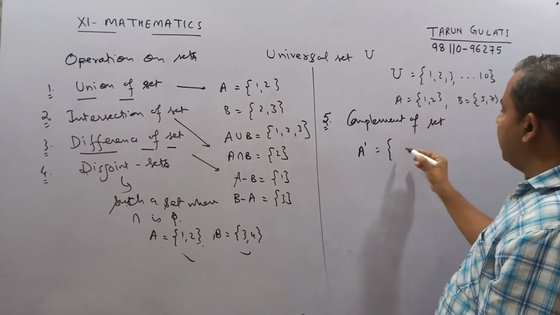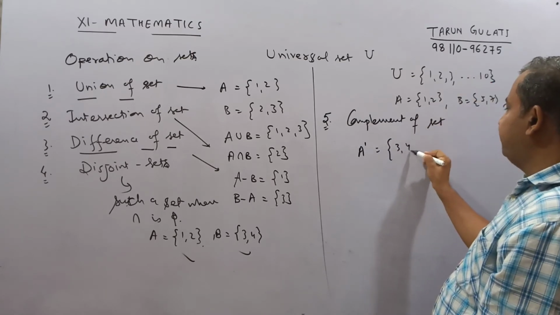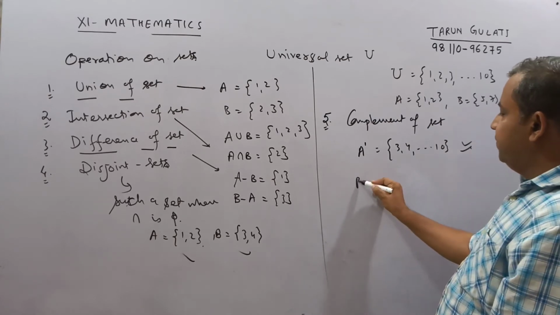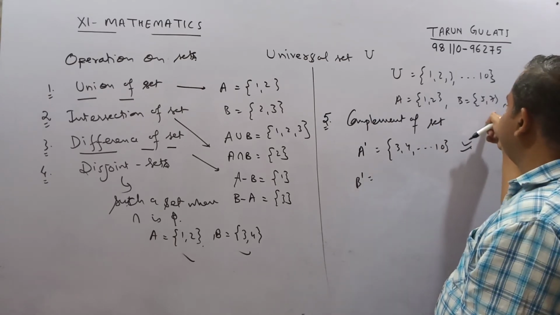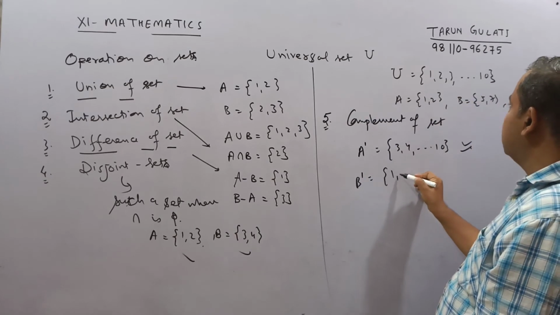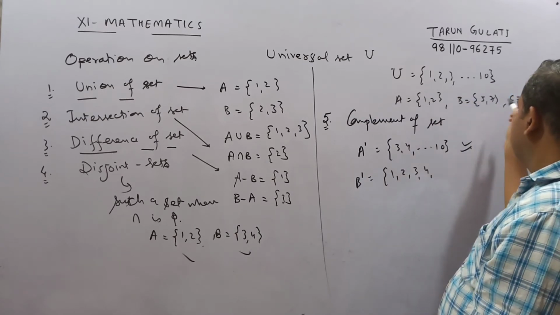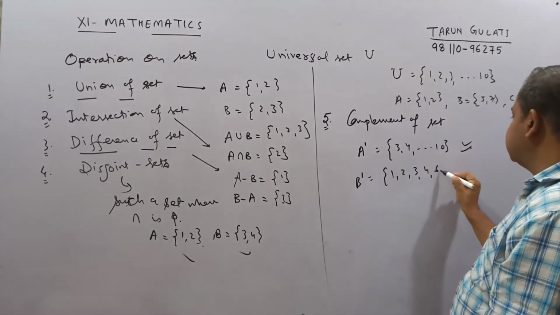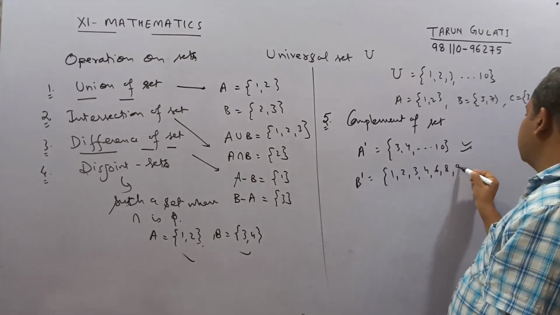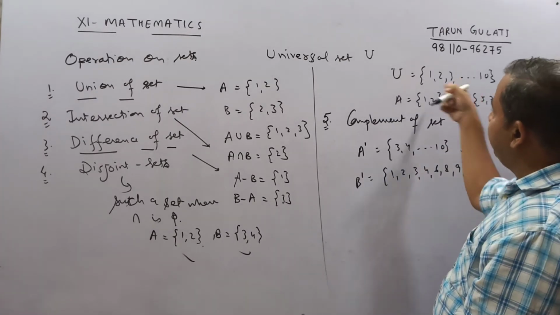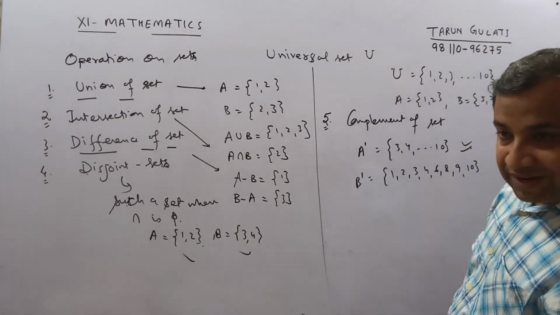The other elements in the universal set, 3, 4 and so on till 10, are its complement. B complement, where B is 5 and 7, comes out to be 1, 2, 3, 4, 6, 8, 9, 10, which is not in B but is available in the universal set.